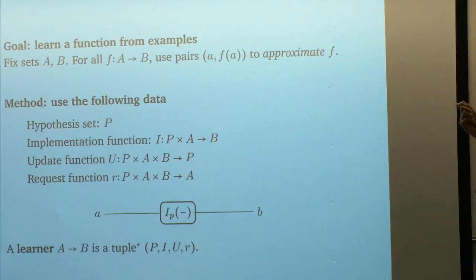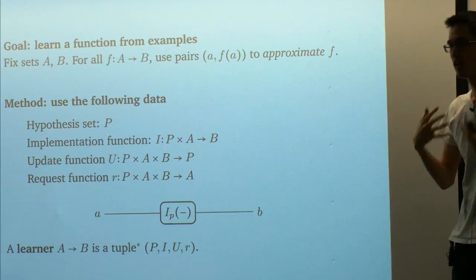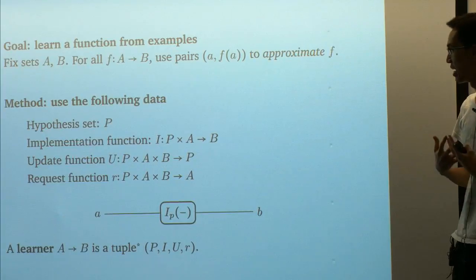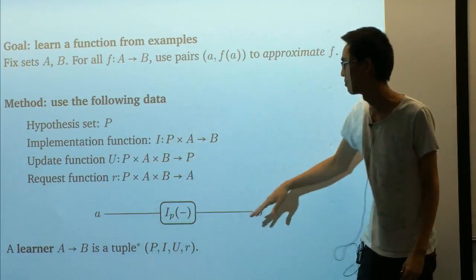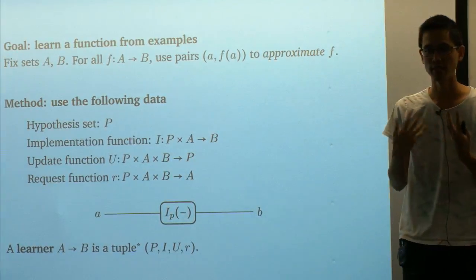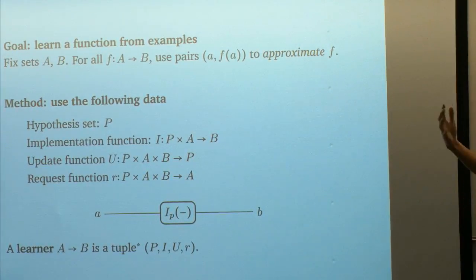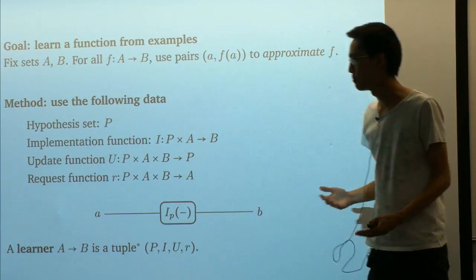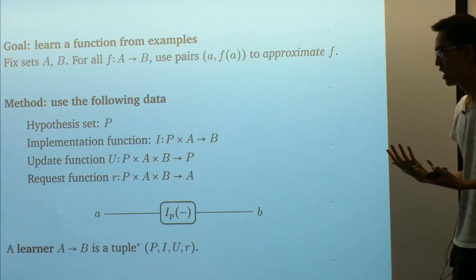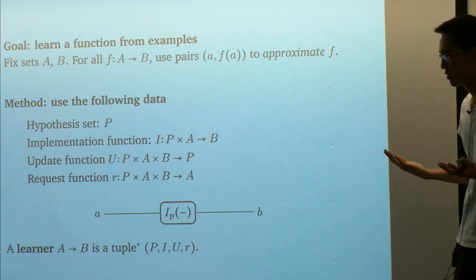So there are two things I can do when that happens. First, I could reflect and say, well, my choice of parameter was bad. And so given my current hypothesis and this training pair, I'm going to find a new parameter, find something that's slightly better. The other thing I can say is, it's all your fault, right? I can say, well, you gave me this picture, and you told me it's a cat, but I thought it was a dog.